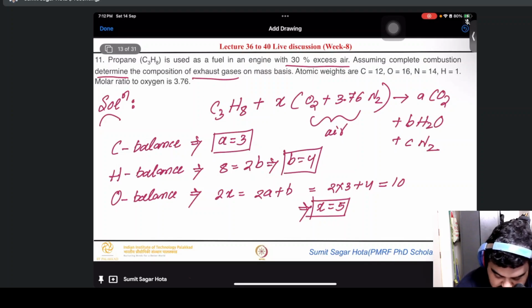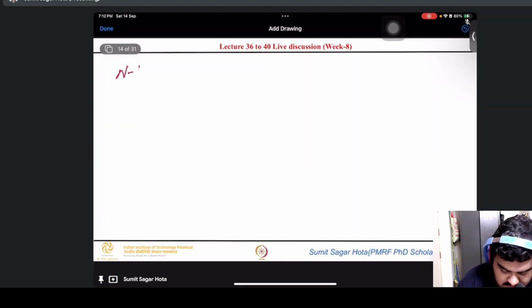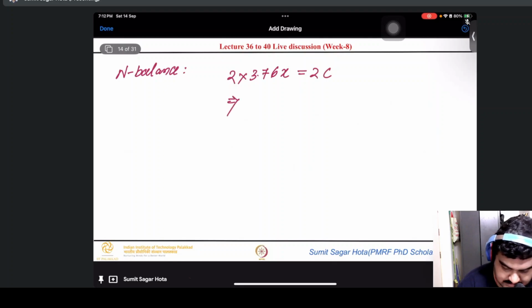Now next, let's go for the nitrogen balance. 2 times 3.76 times x is equal to 2c. 7.52 into 5, x we know already, 5, is equal to 2c, so c is equal to 18.8.